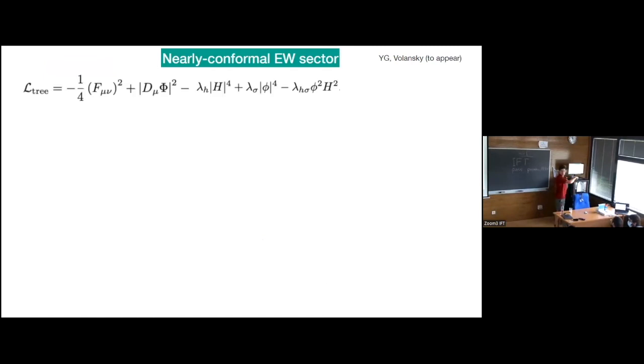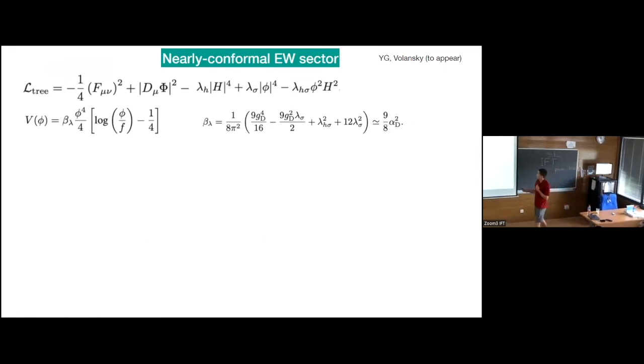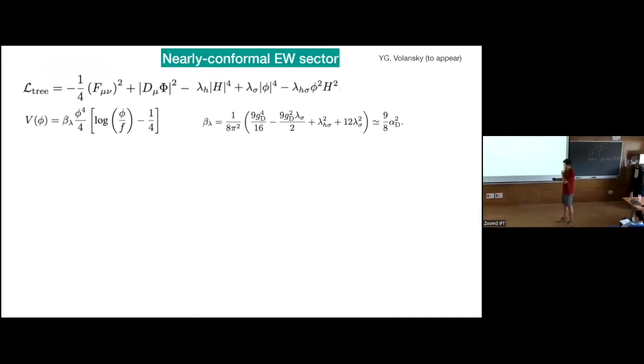So then you take a simple model of supercooled phase transition, where the electroweak sector is nearly conformal, so you introduce a second scalar, which transforms under some SU(2) dark, and you set all the quadratic terms to 0.